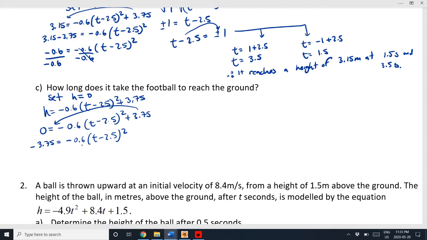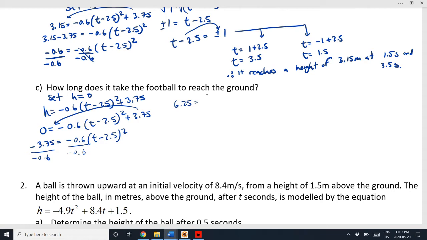And just like before, we want to get rid of this a term here. So we're going to divide both sides by negative 0.6. So let's do that. So 3.75 divided by negative 0.6 is 6.25. So I'll just bring that up here.